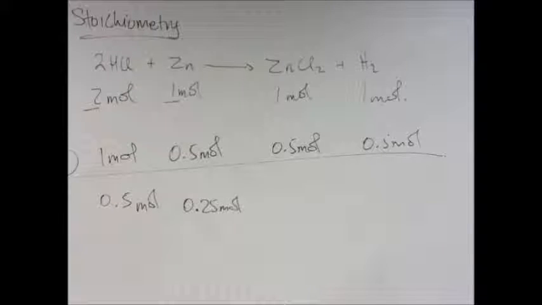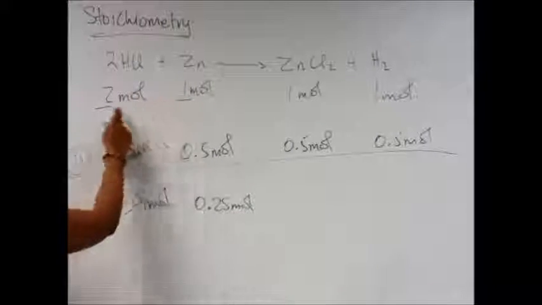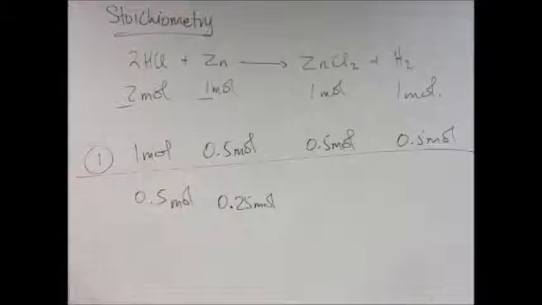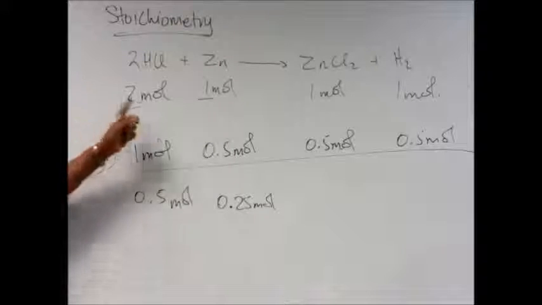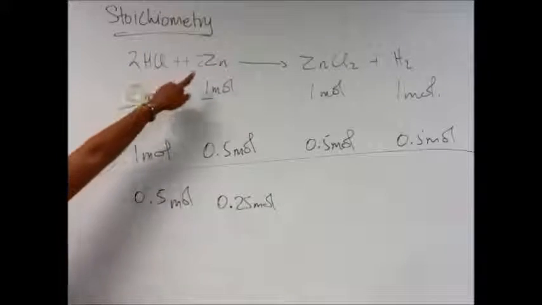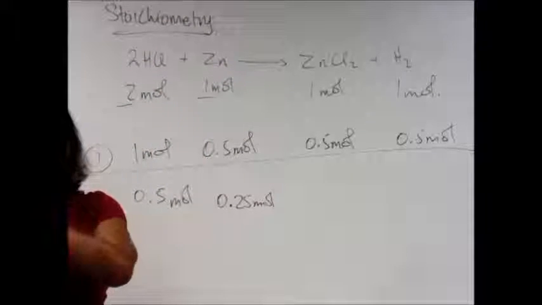The ratio is 1:2 over here. So this is 1 and this is twice of that. So if I have 0.25, all I have to do is twice of that. You don't have to look at these numbers that way. Just look at the ratio of it. The mole ratio of zinc to zinc chloride is 1:1.